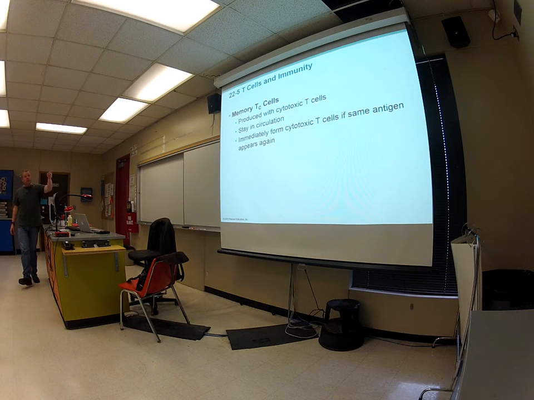Memory T cells, well, produced by cytotoxic T's. They stay in circulation, immediately form cytotoxic T cells if the same antigen appears again. It has to be the same one because it's memory. Because it's a memory T cell, it's going to stay in circulation, and the next time we come in contact with that same exact pathogen, we'll be able to fight it off in no time whatsoever.